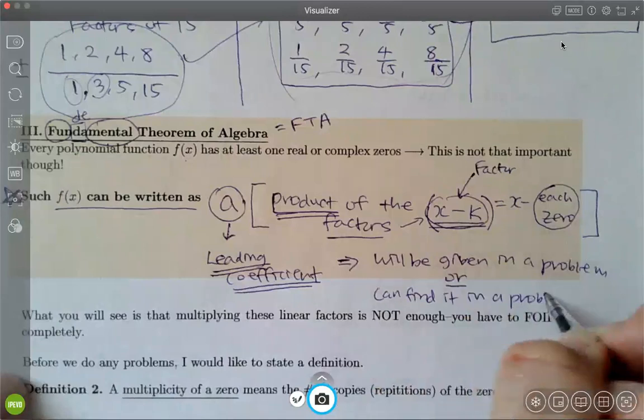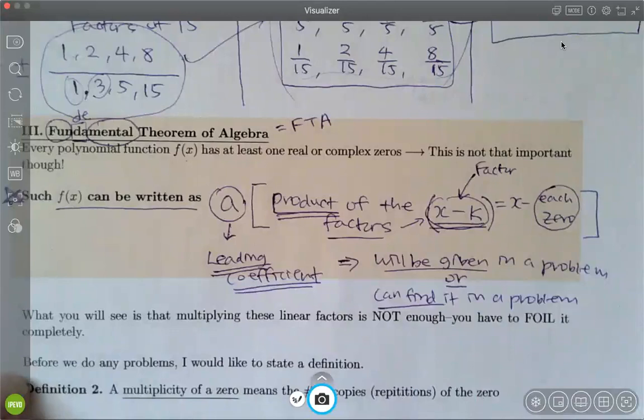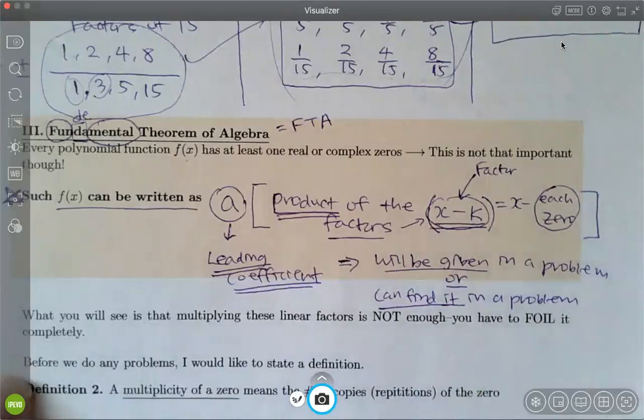Of course, if it's given, you have a huge advantage, but sometimes it may not be given. But there will be information that you can use to find the leading coefficient.